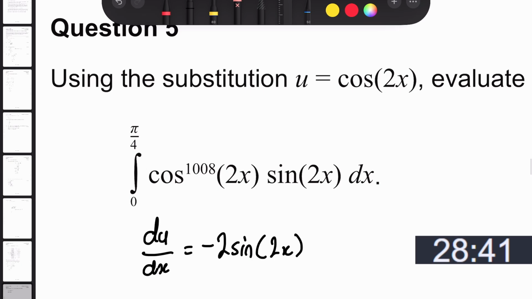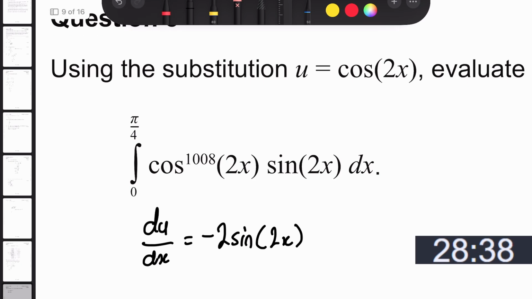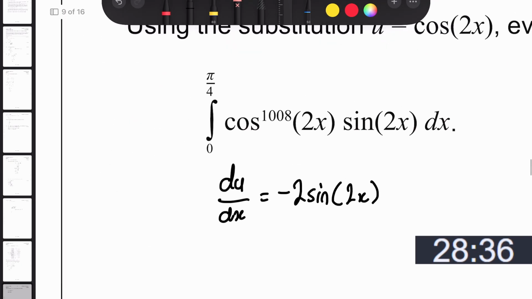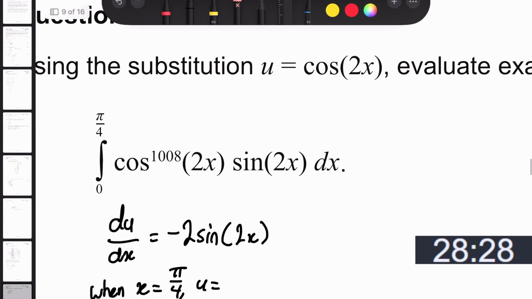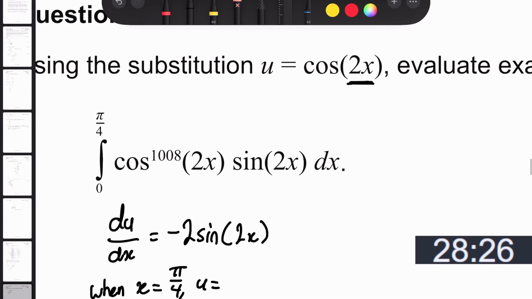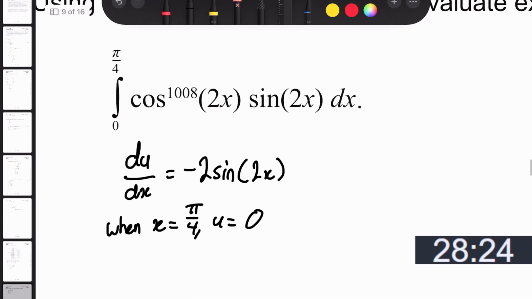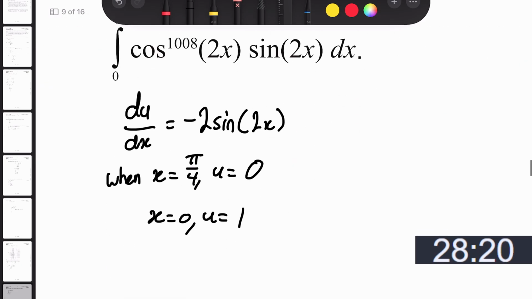Cosine, when you differentiate it, you're going to get a negative number. Then let's say when x equals pi on 4, u is cosine of pi on 2, which is 0. And then when x equals 0, u is going to be 1.